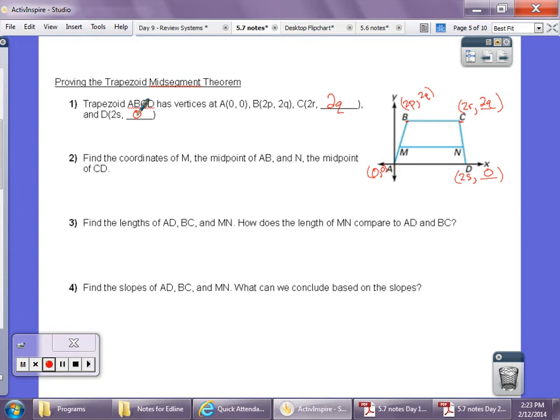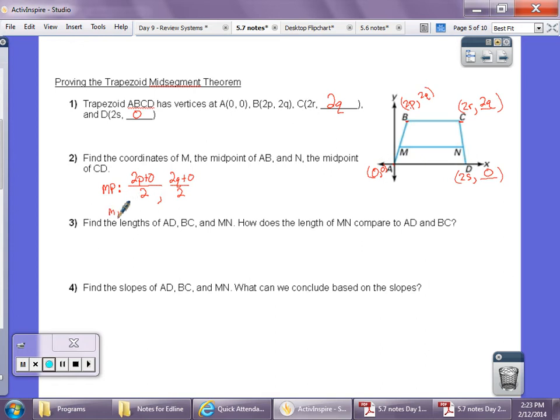Then it says find the coordinates of M, the midpoint of AB. So we use our midpoint formula, x1 plus x2 over 2. From A to B, we have 2P plus 0, and the Y values are 2Q plus 0, all divided by 2.